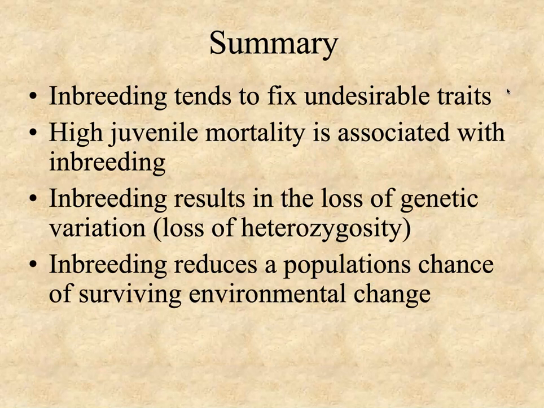So in summary, inbreeding tends to fix undesirable traits. You have high juvenile mortality associated with inbreeding. And inbreeding results in the loss of genetic variation, which is often referred to as heterozygosity in a population. Inbreeding reduces a population's chance of surviving environmental change.